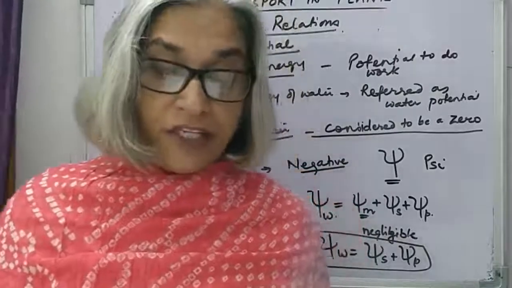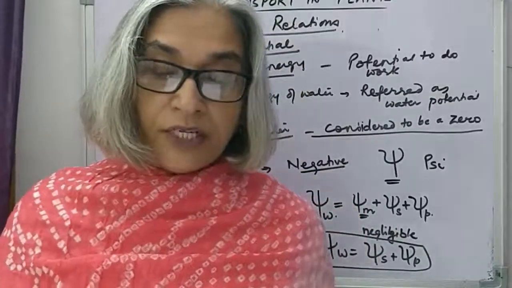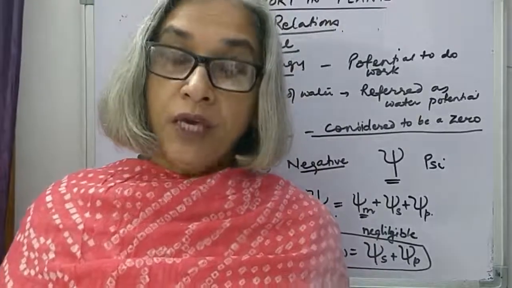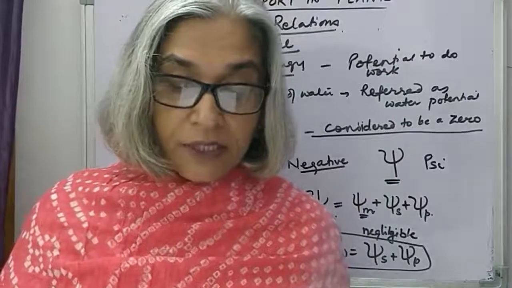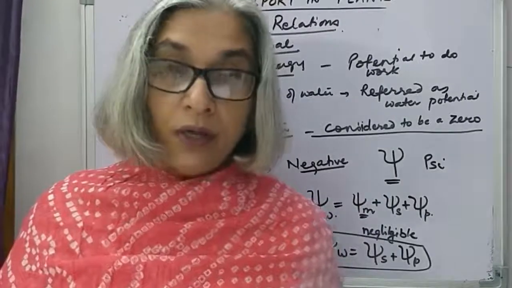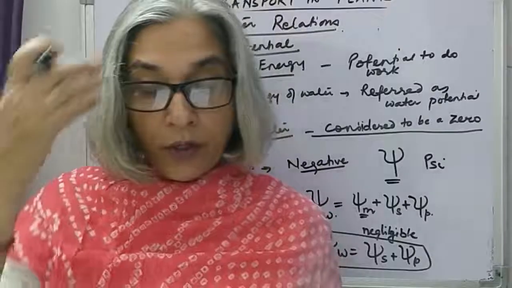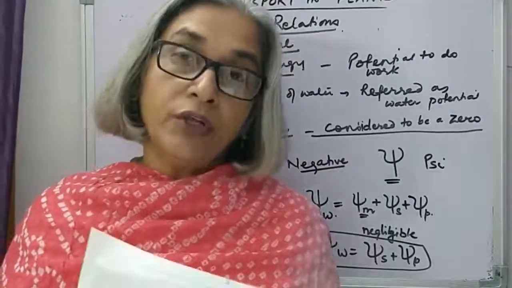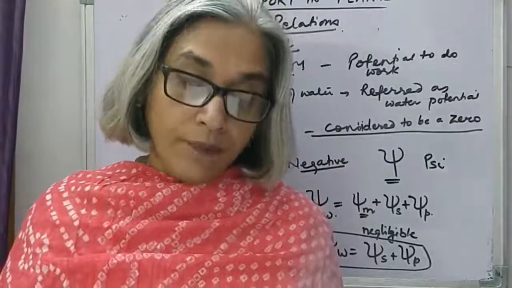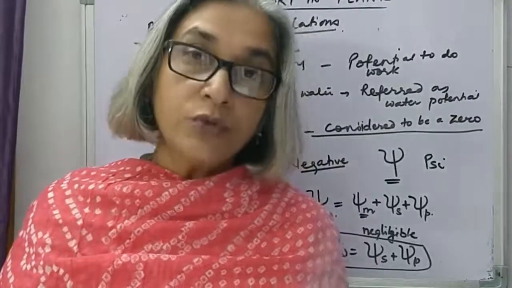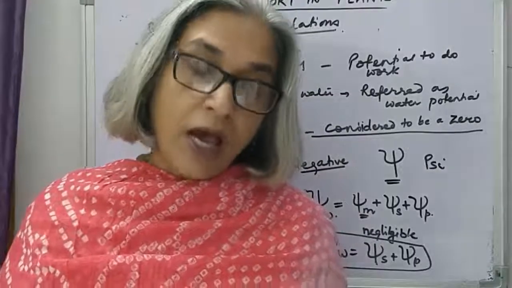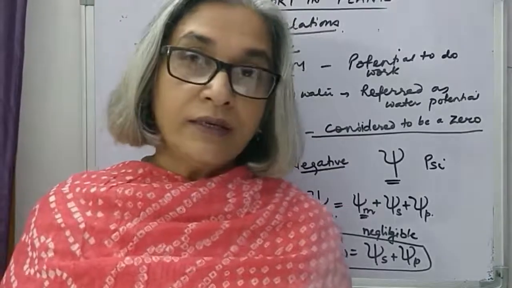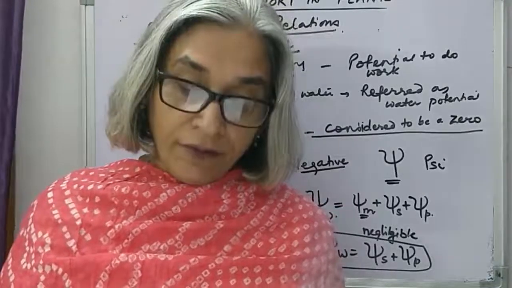Now by convention, at atmospheric pressure, the water potential of pure water is taken to be 0. If some solute is dissolved in pure water, the solution will have fewer water molecules, and so the concentration of water decreases, thereby reducing the water potential. Hence, all solutions at atmospheric pressure have lower water potential than water, which means it has a negative value.